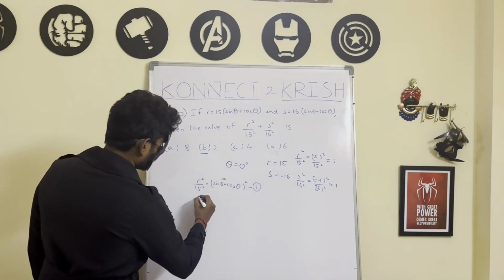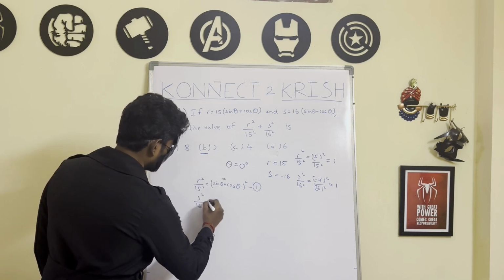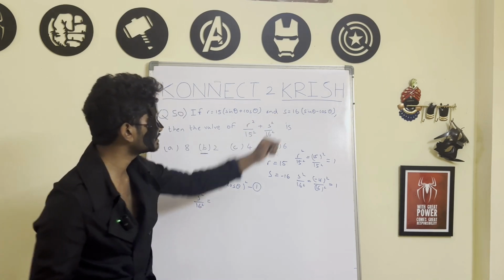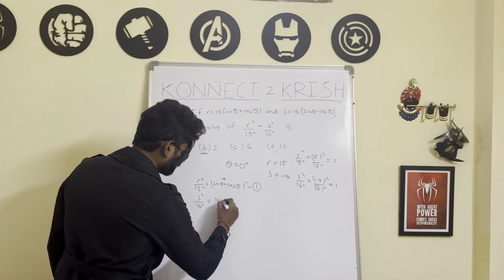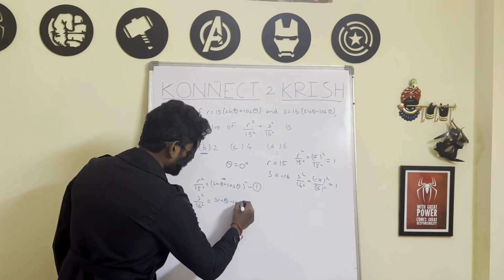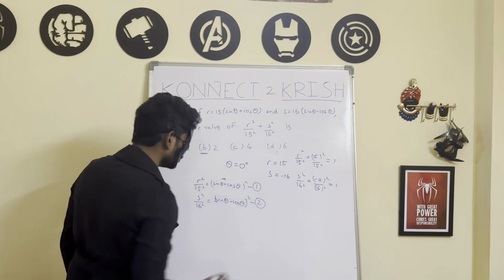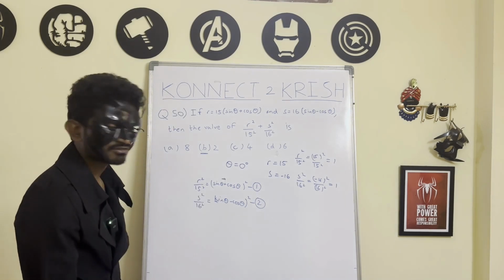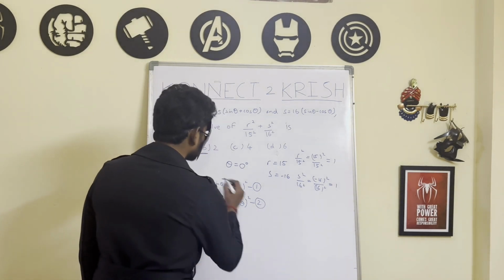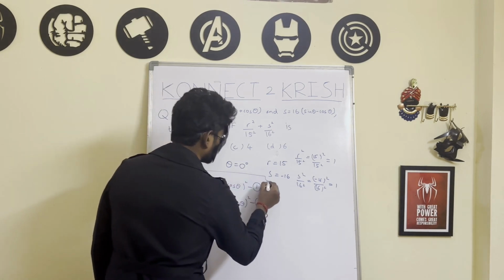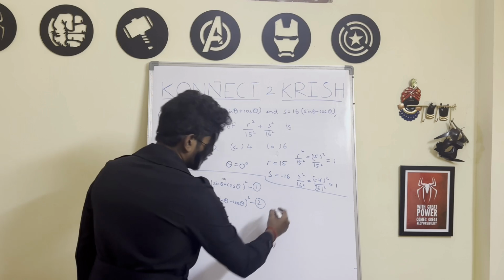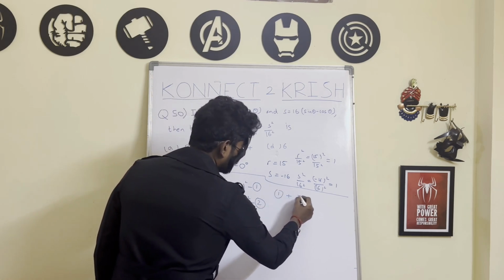And S square by 16 square is nothing but (sin theta minus cos theta) whole square. Let this be equation 2. Now let us add equation 1 and 2.